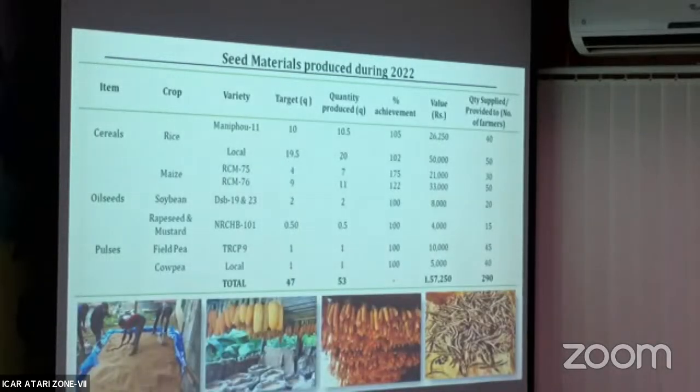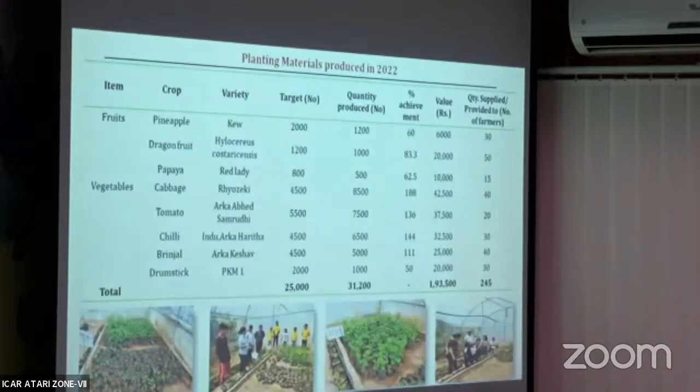And then there are some of the seed materials which we could produce during 2022. And these are some of the planting materials, and under planting materials we could produce drumstick also, which is becoming really popular in our district. This drumstick is highly accepted by our farmers, and it is growing very fast also.